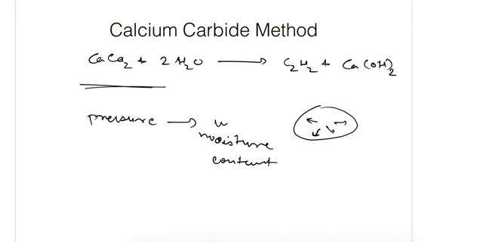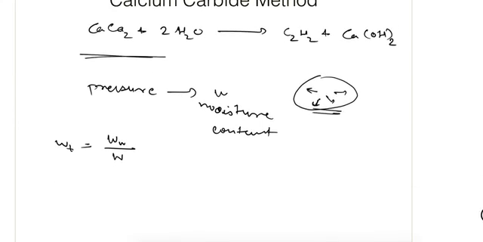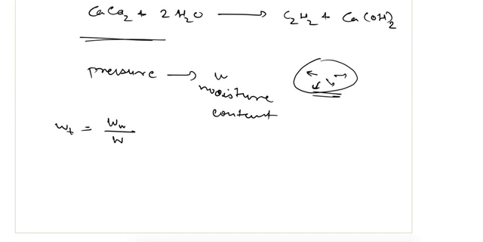So this moisture content will be with respect to the total mass. That is, this is the bulk moisture content, it will be the weight of water to the total weight. And if we want to calculate the actual moisture content, we can get it from this: weight of water plus weight of solids.